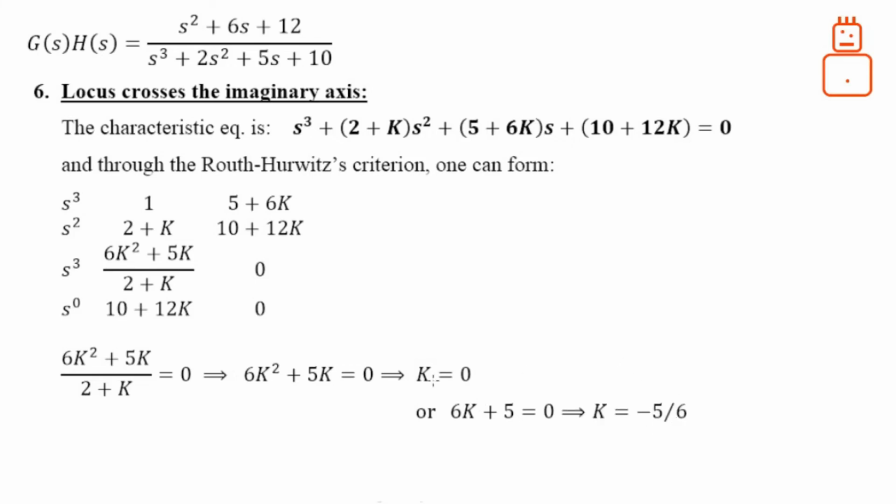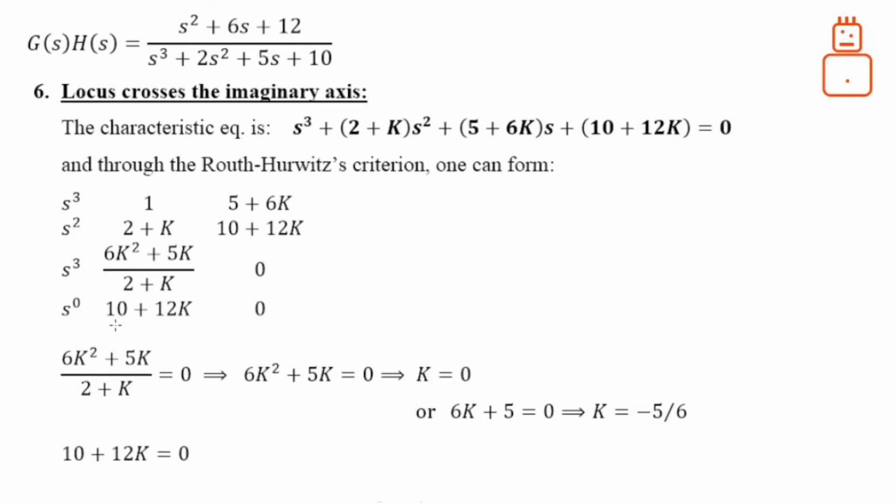Okay, 0 will give you the same poles and zeros we got previously, and k equal to -5/6 is out of the range that we are considering in this example, because we are concerned about the values of k that change from 0 to infinity. So it is non-negative values of k. This is negative, so it's already out of range. We don't need to do further computations here.